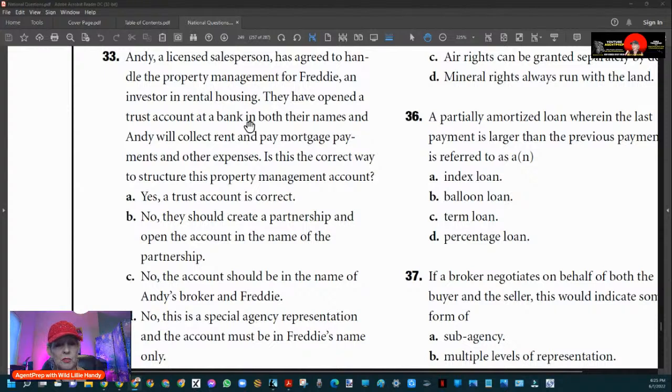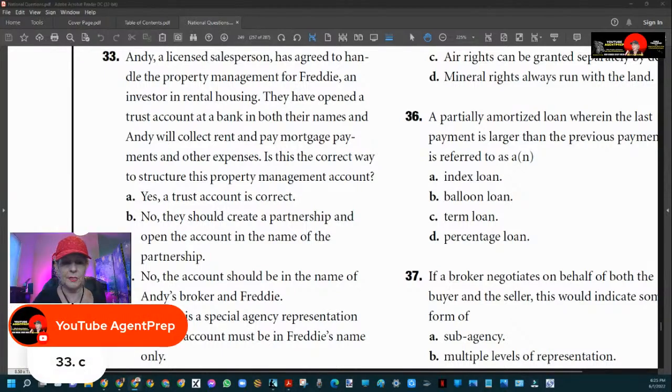Well, only brokers can handle property management. Therefore, it is for Andy's broker and Freddie, the client, to have a trust account. Got it? All right, so the answer is 33C.